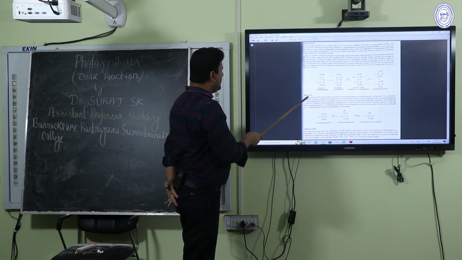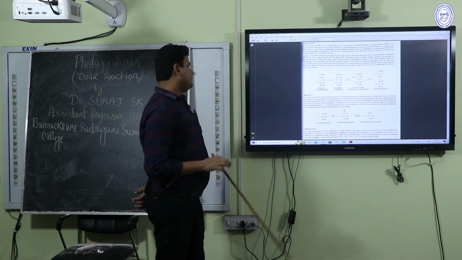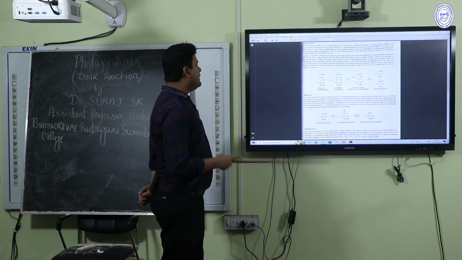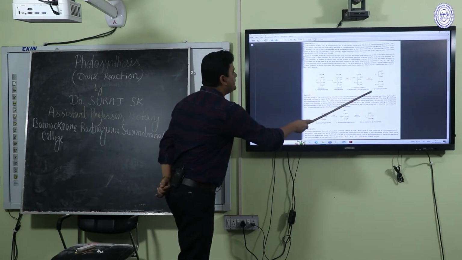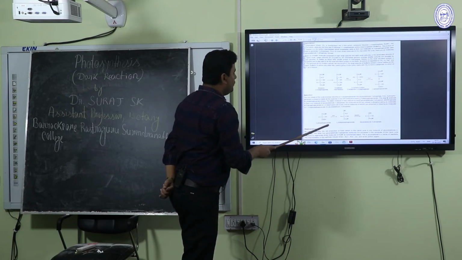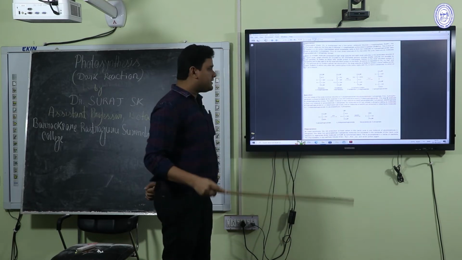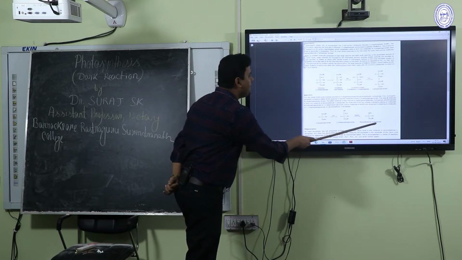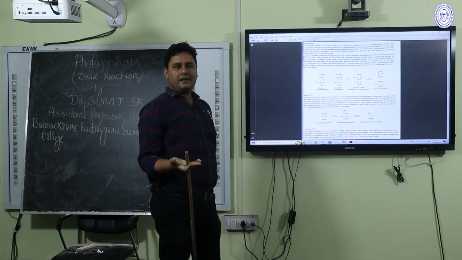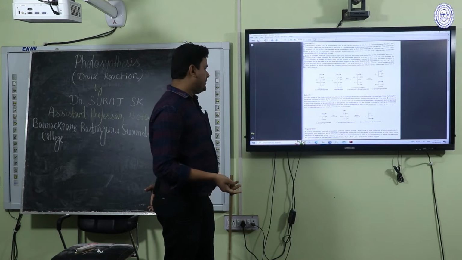In the reduction reaction, what happens? This 3-phosphoglycerate will be converted into glyceraldehyde 3-phosphate, which is a carbohydrate.